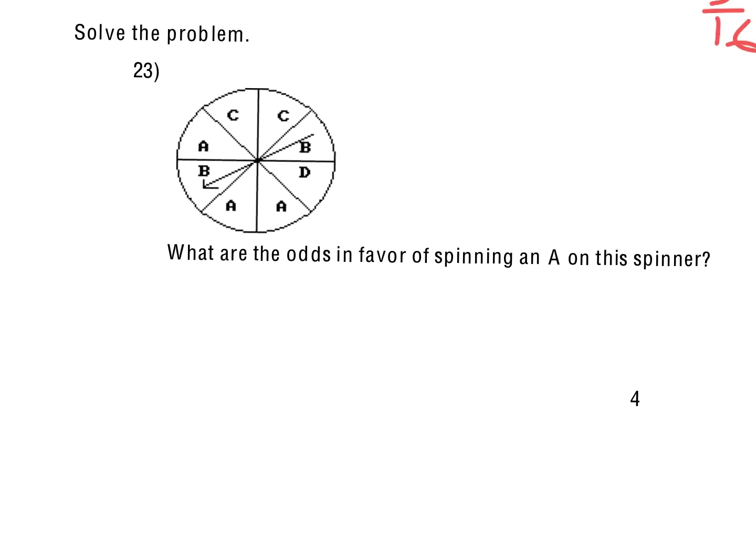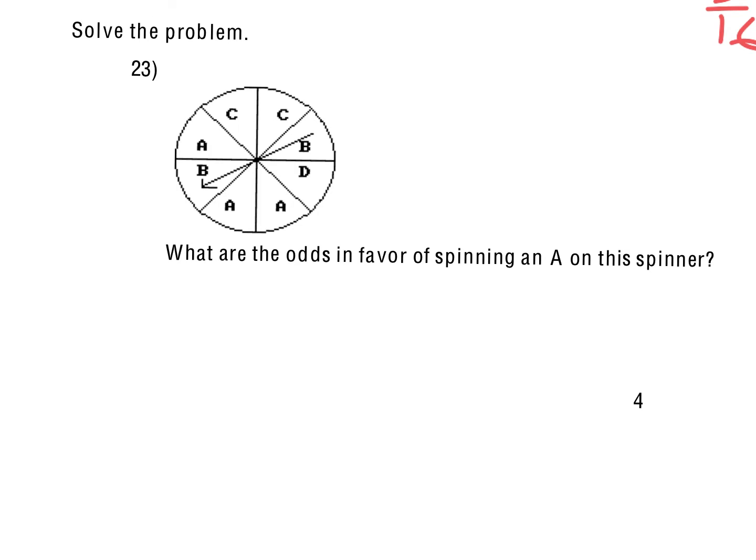Next question. What are the odds in favor of spinning an A on this spinner? Okay, so odds are favorable compared to unfavorable.